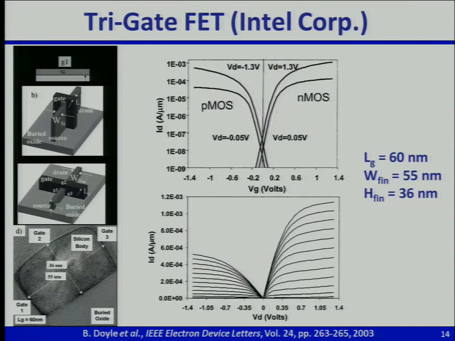So there's actually a thin body device and a double gate on the side. So it's 3 gates. That's why they call it a tri-gate device. And because a lot of the current is conducted on this top surface, then you don't see that huge benefit on the PMOS, right? The PMOS current is certainly still much less than the NMOS current, because this just sort of proves that most of the current is flowing on the top surface, not on the sides.